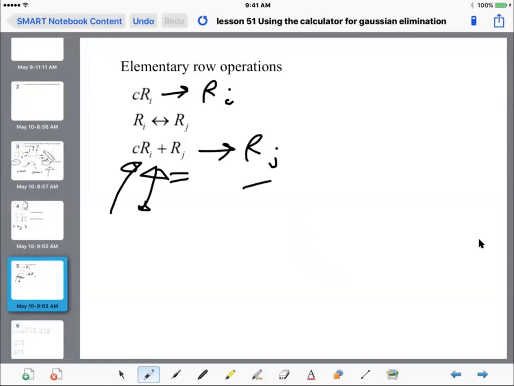And only the row that got added to gets changed. Generally we do have a plus here. You could create a 4th operation with a minus there. It would still be allowed, meaning we'd be able to use it to solve equations. But generally, these are the 3 elementary row operations.